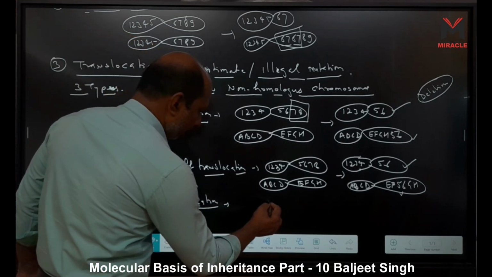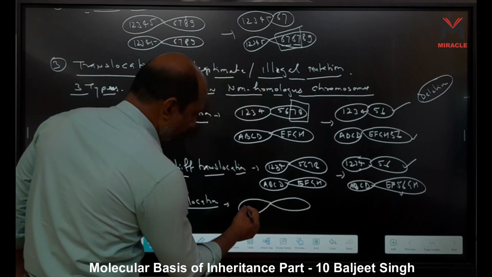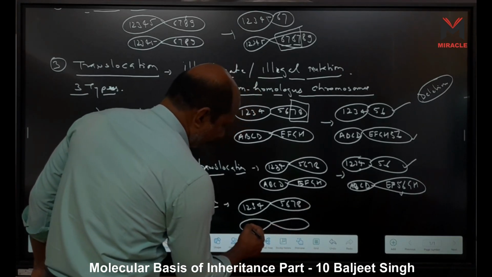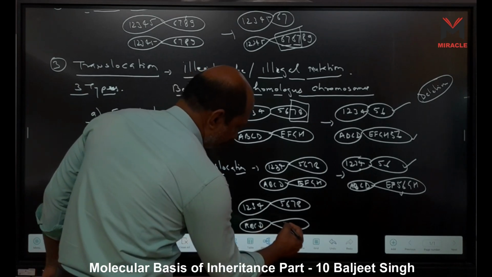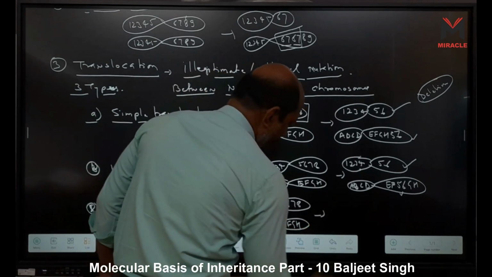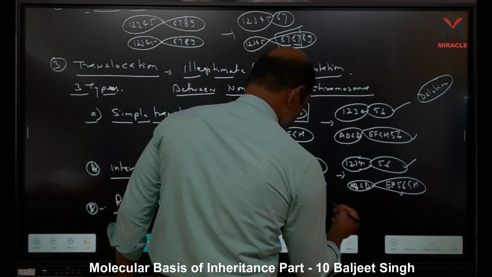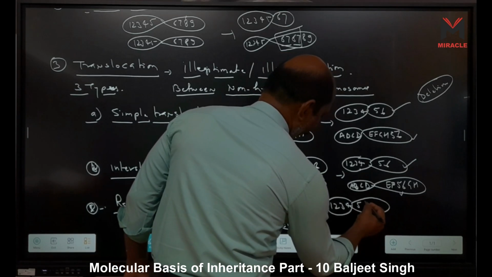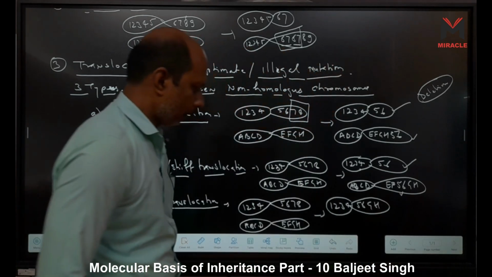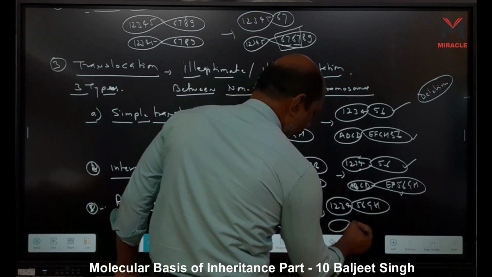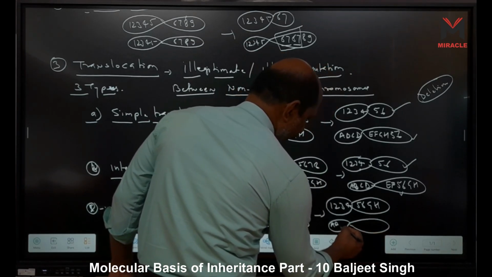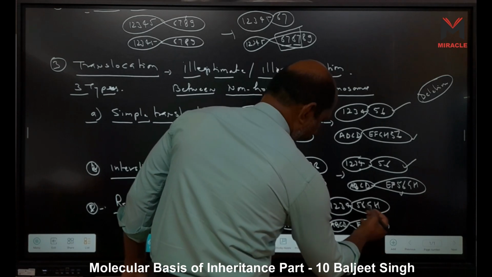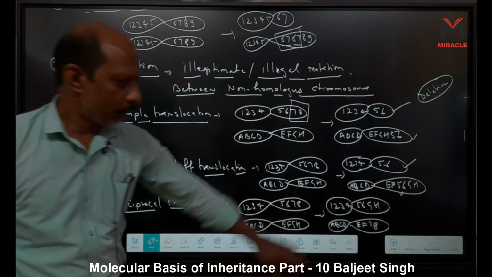What happens here? Suppose this one is our one chromosome: 1, 2, 3, 4, 5, 6, 7, 8, and this one is another chromosome: A, B, C, D, E, F, G, H. After mutation, it becomes 1, 2, 3, 4, 5, 6, G, H. This GH comes from that side, and the other chromosome contains A, B, C, D, E, F. Now 5, 6, 7, 8 are exchanged, right?